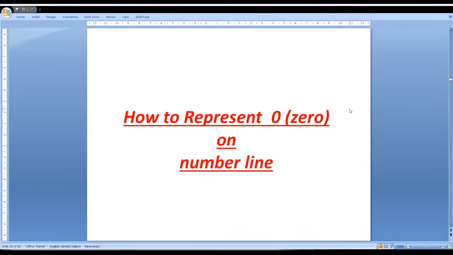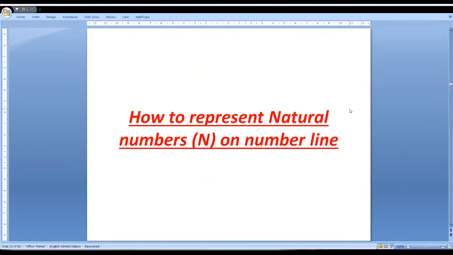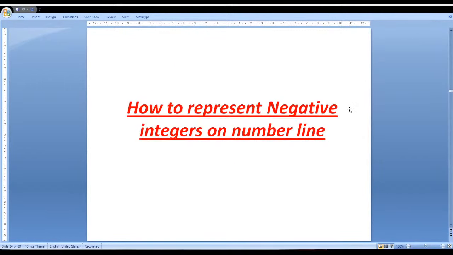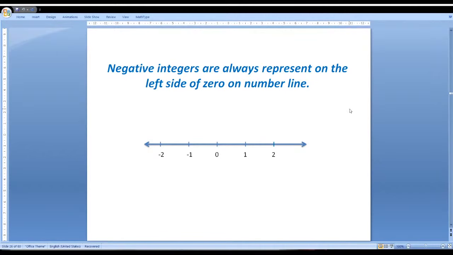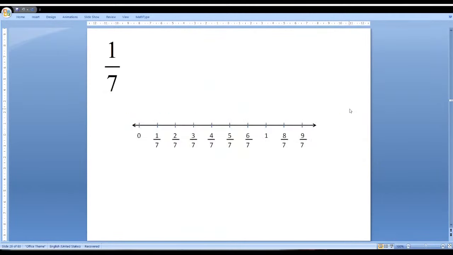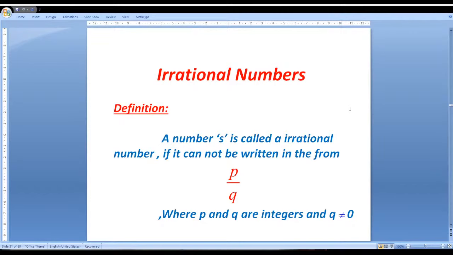I hope that you have all done your homework: how to represent zero on number line, how to represent negative and positive numbers on number line, how to represent fractional number on number line. This is homework for you.